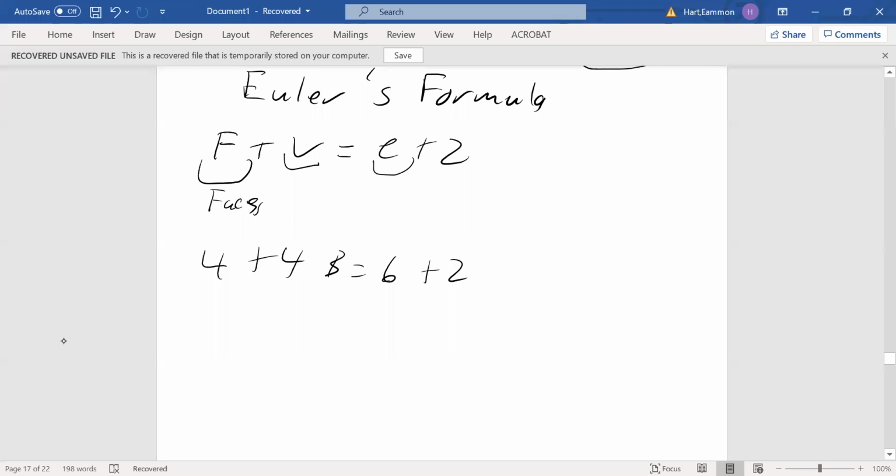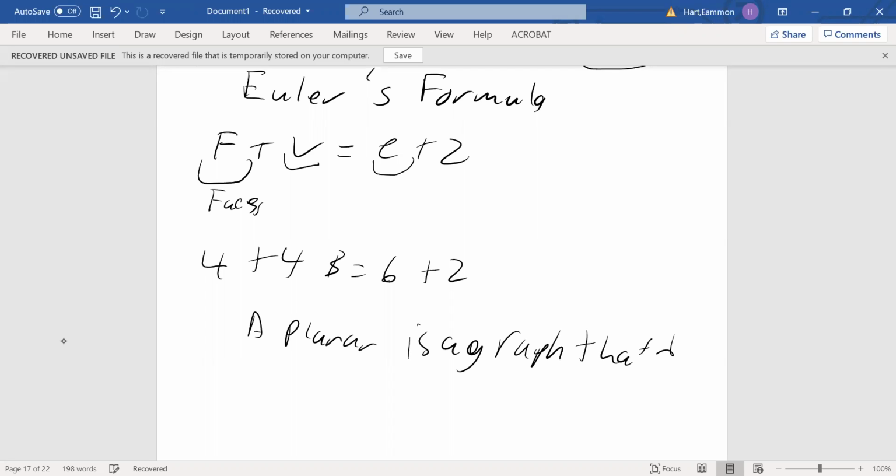Another thing to note is another characterization of a planar graph: a planar graph is a graph that does not have K3,3 or K5 as a minor, as a graph minor.